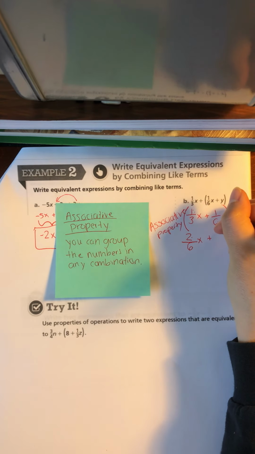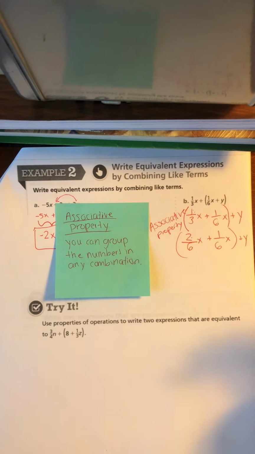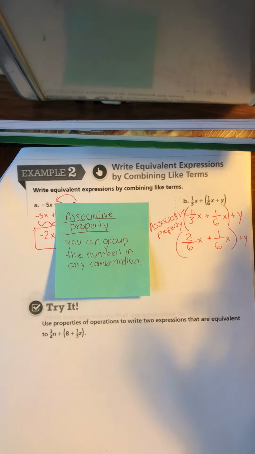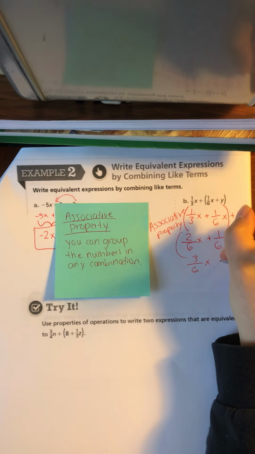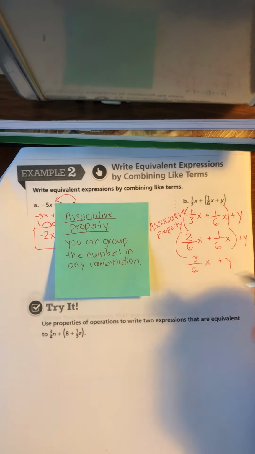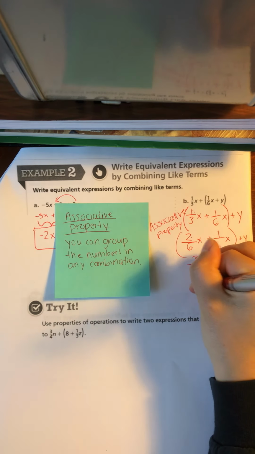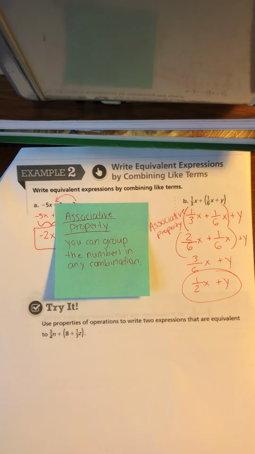So now we have 2/6 x plus 1/6 x plus y. And now we can add: 2/6 x plus 1/6 x is the same thing as 3/6 x plus y. And then if you want to reduce this fraction, 3/6 x is the same thing as 1/2 x plus y. So that is the fully simplified version.